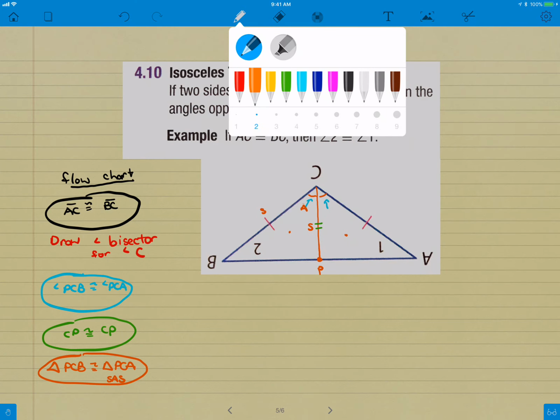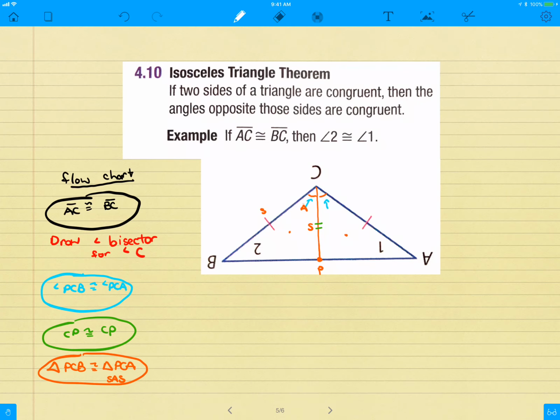Since the triangles are equal, I can jump to the chase and say that the parts about them are the same, namely that angle 2 is equal to angle 1. And that's what we were trying to prove on this one. So that would be my last line: angle 2 has to be equal to angle 1.